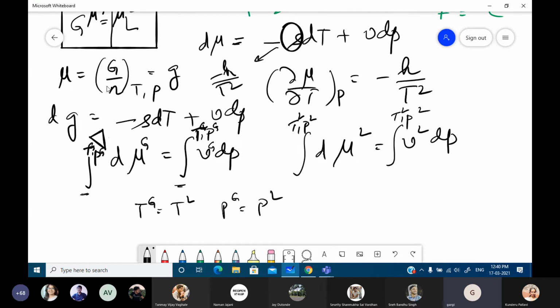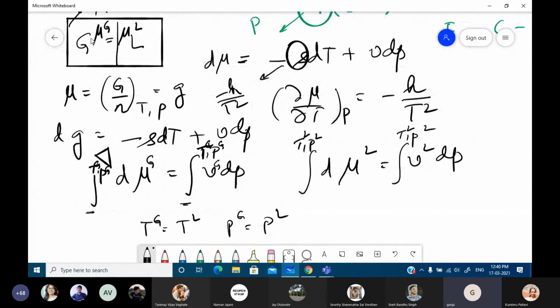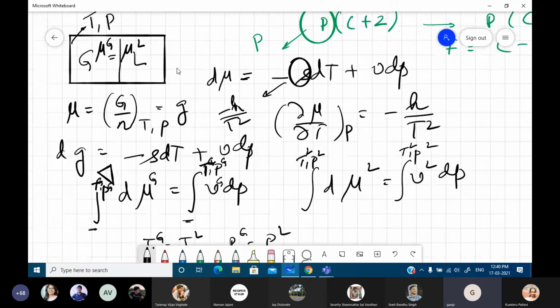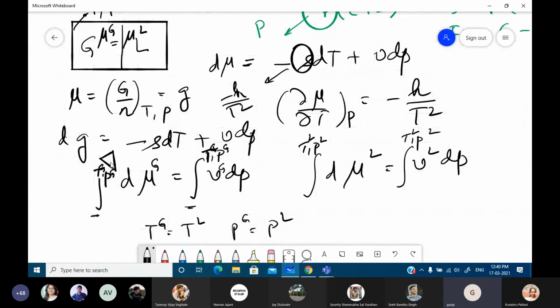Well, now can you tell me, to find out mu G in this particular case, I need to find out d mu G from some particular state where the mu G value is known to the state of T and P, or Tg, Pg, whatever it is. Whatever lower limit I set here, the same lower limit has to be set there. From here again I integrate it to T, P. Can you tell me any way by which you can evaluate this lower limit?